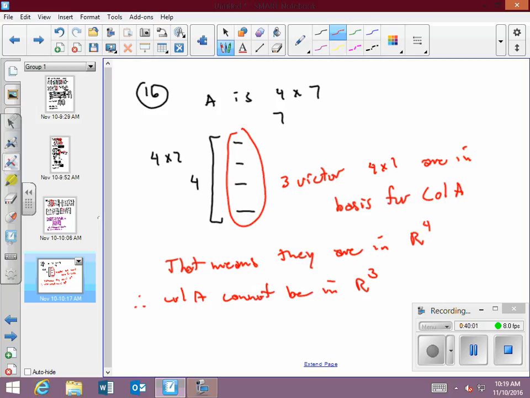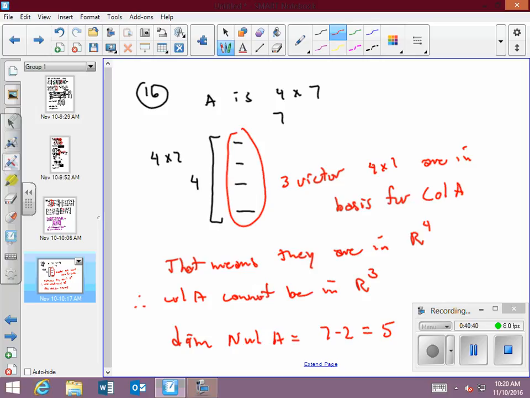And then the dimension of null A is equal to 7 minus 2, because the dimension of the column space of A is 2, so the null A is going to be 5. Because if you look at theorem 14, it says a matrix A has n columns, then the rank plus the dimension of null A has to equal n.